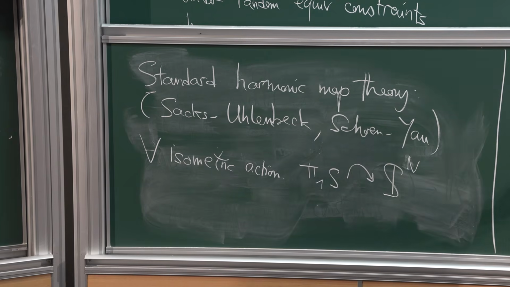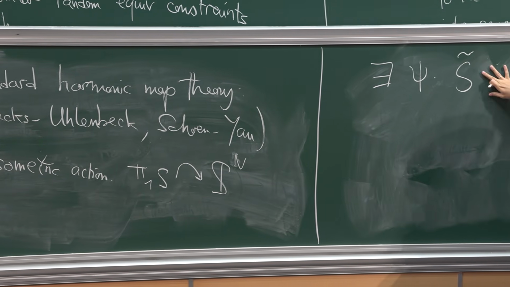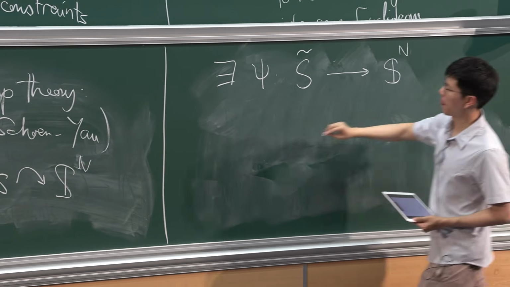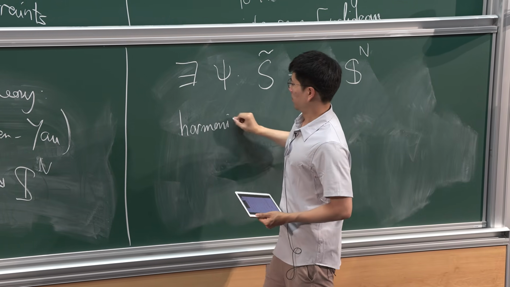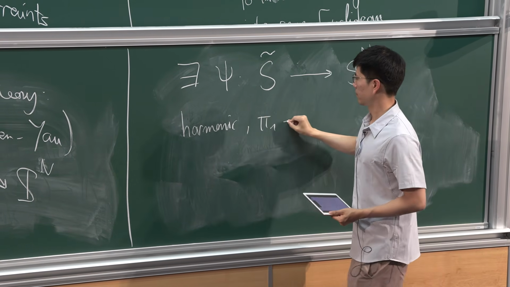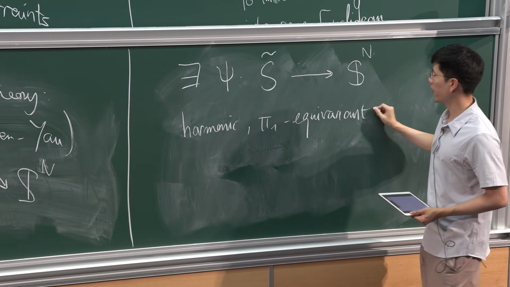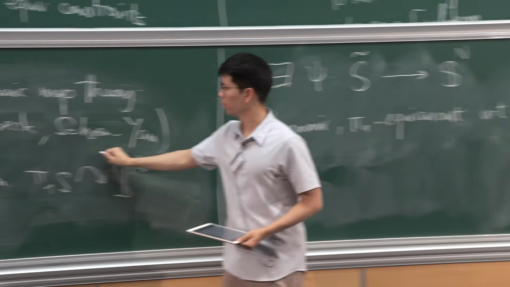What you get, using the variational methods that I mentioned, is going to be a harmonic map psi from the universal cover of S to your sphere. So psi is harmonic. It's pi1 equivariant with respect to the action, let me call it rho.